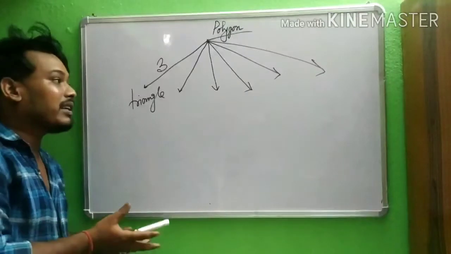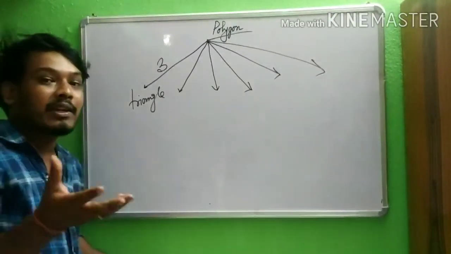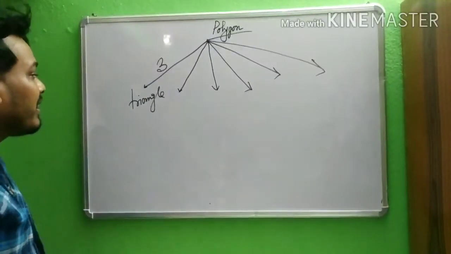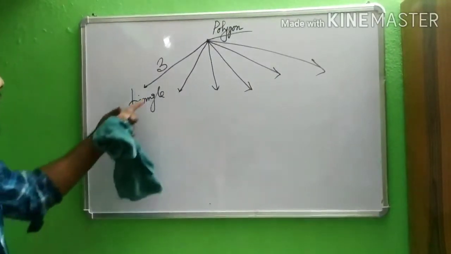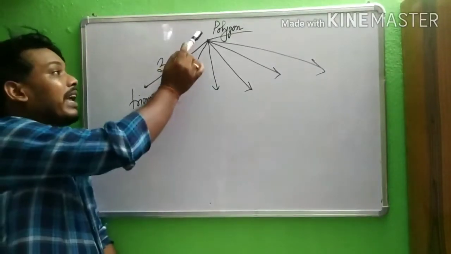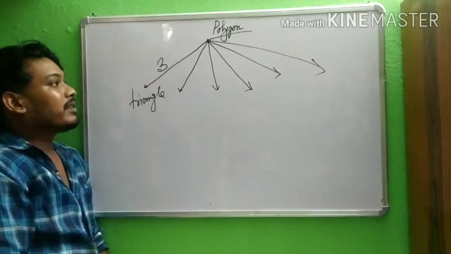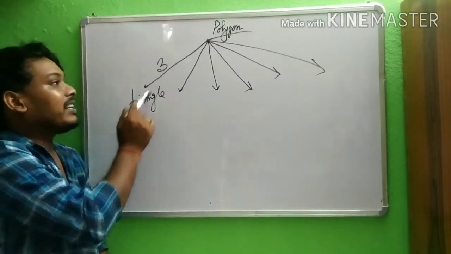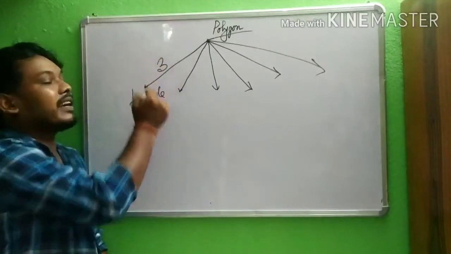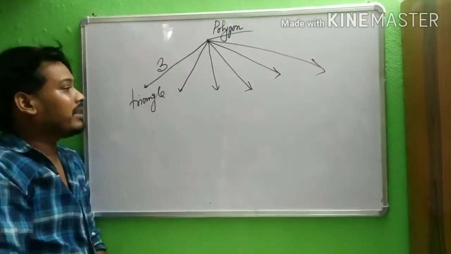If you understand the concept, then you can give the definition easily. So a triangle is a polygon with 3 sides or with 3 line segments. So the definition is very easy.